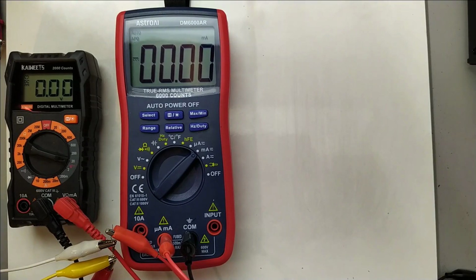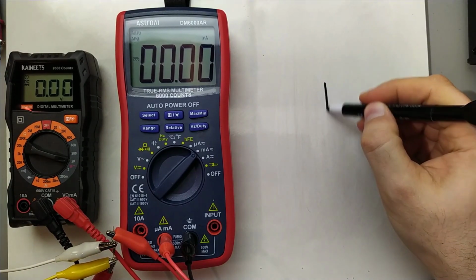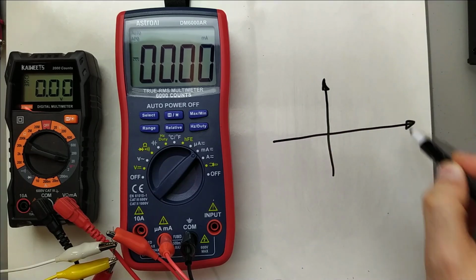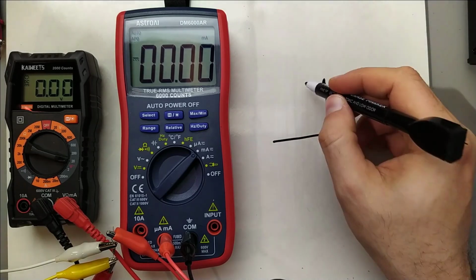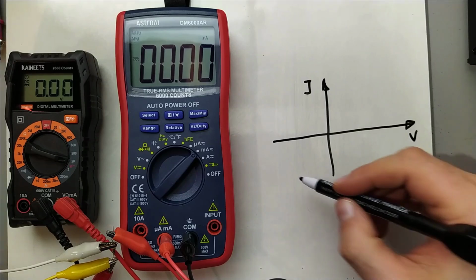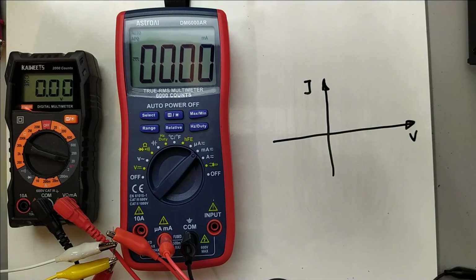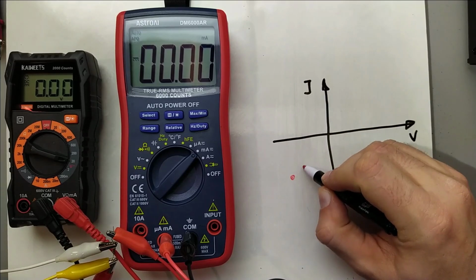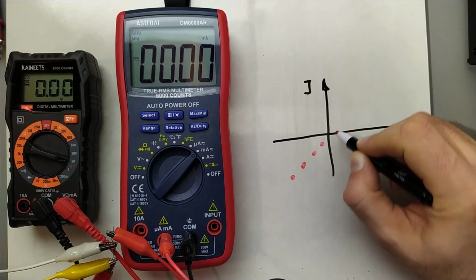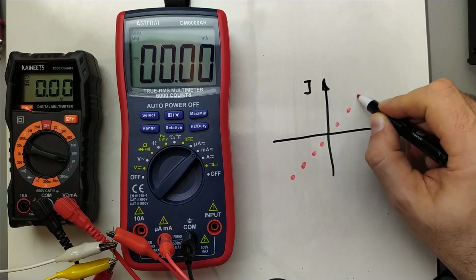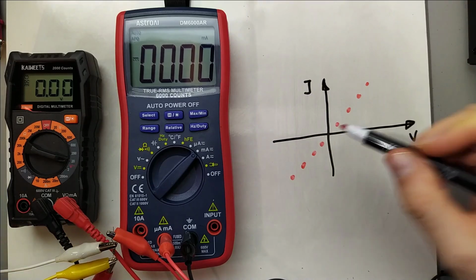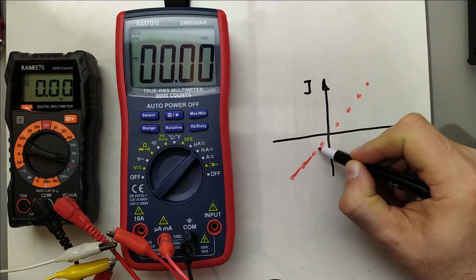that for a resistor, the current voltage characteristic, so here we have voltage, here is current. In general, we can use another color for this curve. We will get something like this. We have linear and symmetric current voltage characteristics.